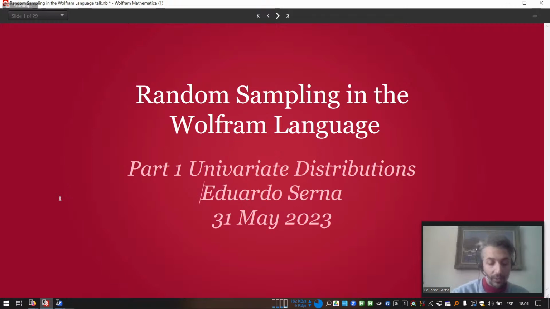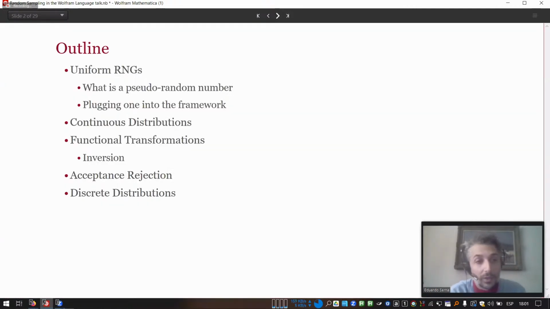So the first talk is going to focus on univariate distributions, and this is the outline of the talk. This is a very, very big subject, and the aim of the talk, I guess, is to balance it being informative, so I will try to expose the functionality that is available in the Wolfram language.